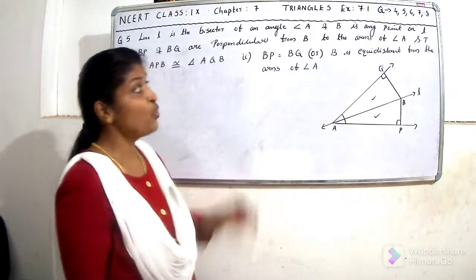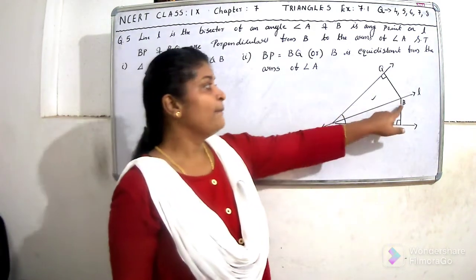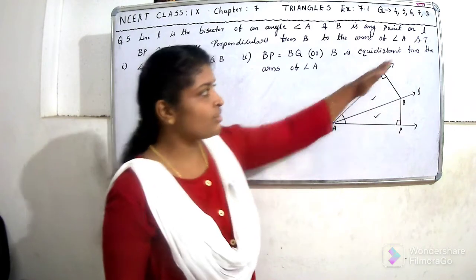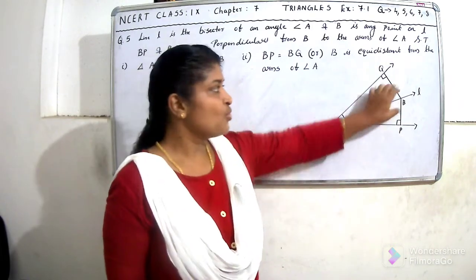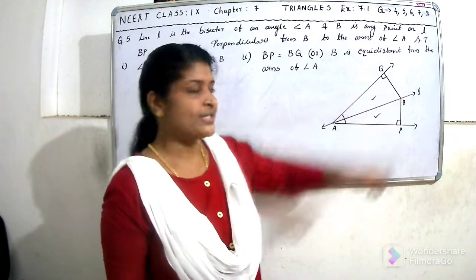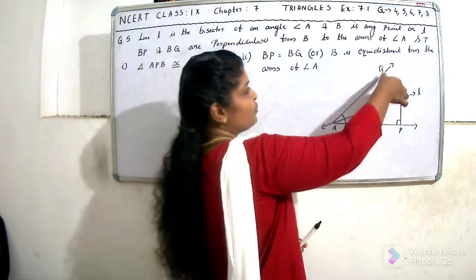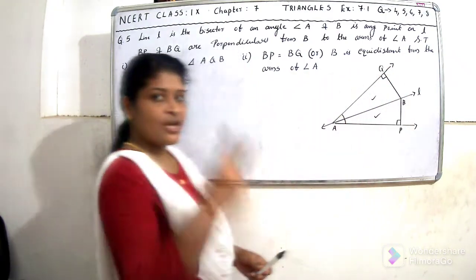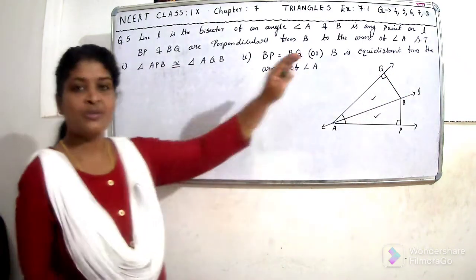Or in other sense, B is equidistant from the two arms. These are the two arms of the angle. So in other sense we have to prove these two lines BQ and BP are equal. So these two things we have to prove in this particular question.